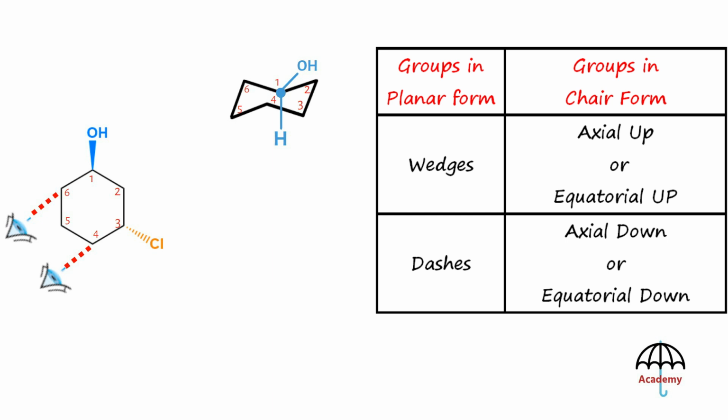In the planar form, chlorine is on dashes. This means it is to be placed on down position. In the chair form, C3 is down and has thus axial down and equatorial up. Thus chlorine is placed on axial down position.